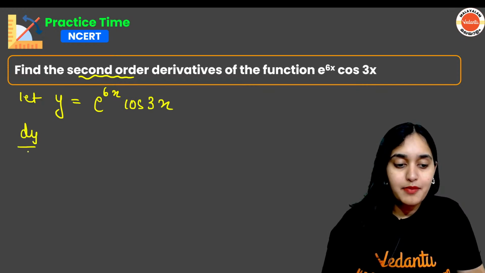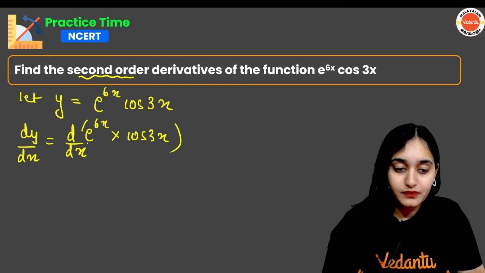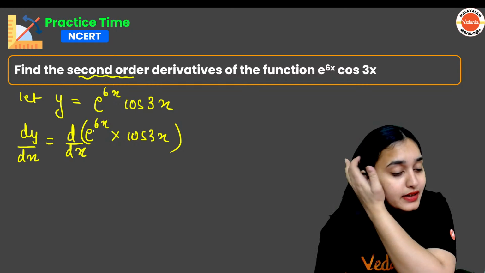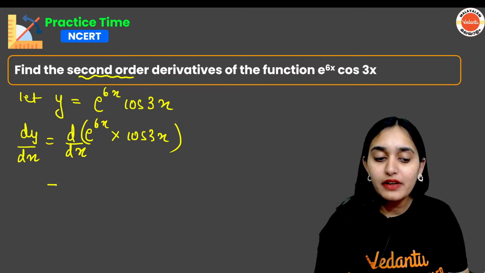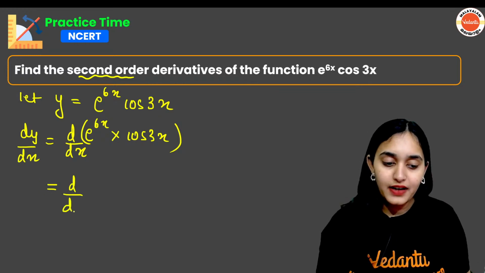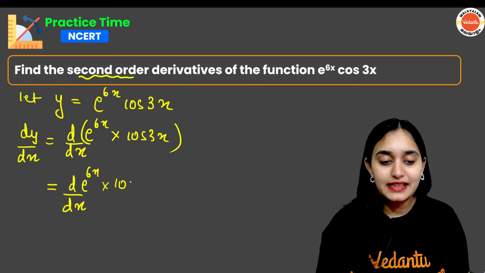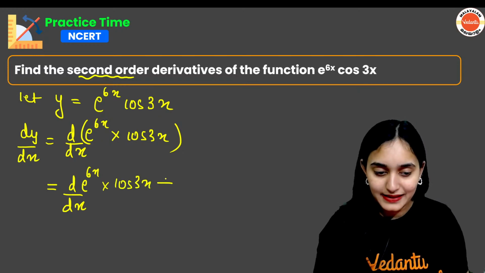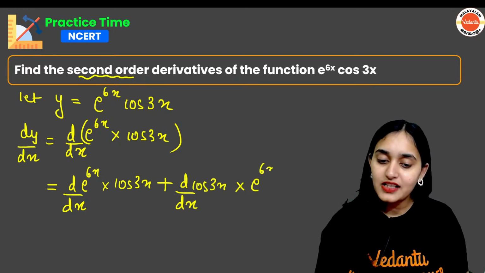Now dy by dx is the differentiation of e to the power 6x into cos 3x. We will apply the product rule: differentiate the first function and multiply with the second function, plus differentiate the second function and multiply it with the first function, right?